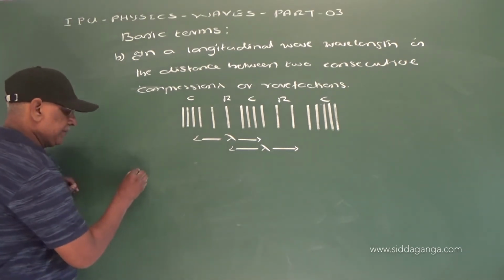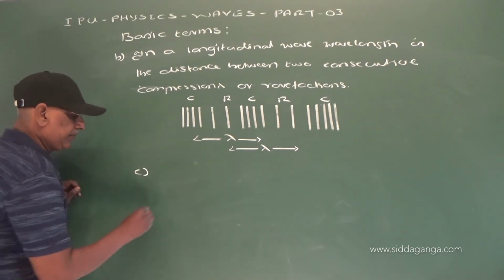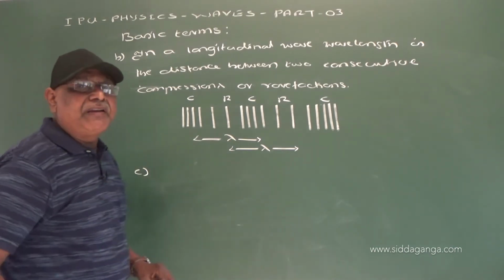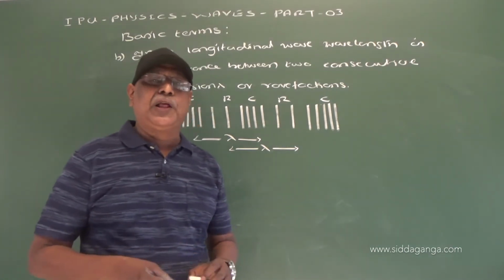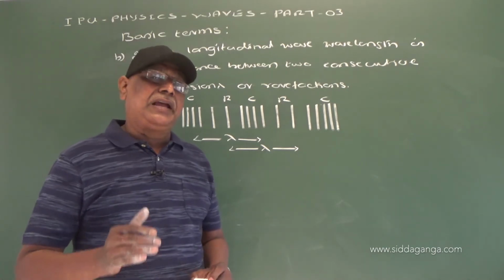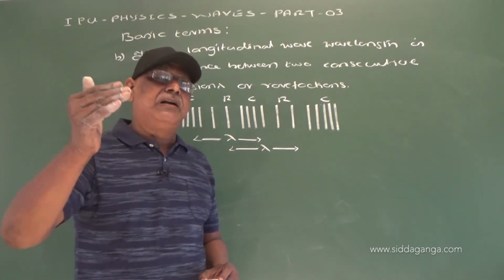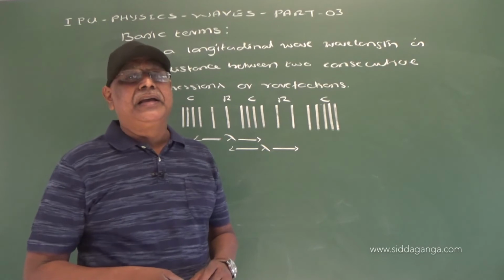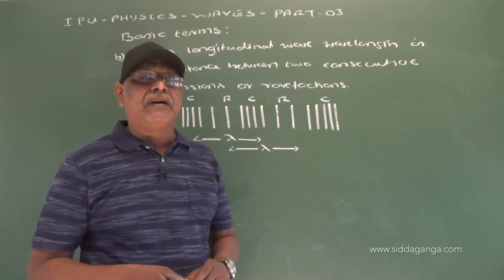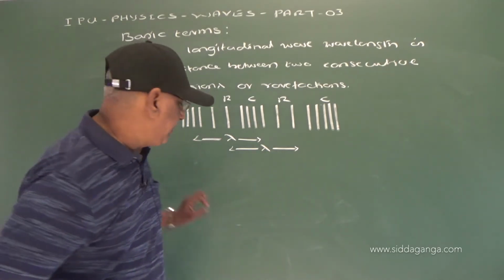Now C. Here, the wavelength of a wave is the distance traveled by the wave in a time interval equal to its period.